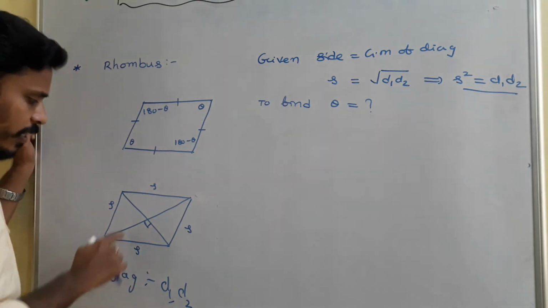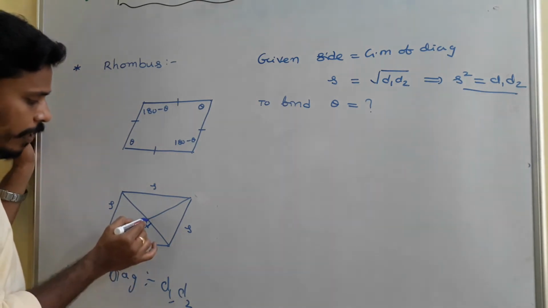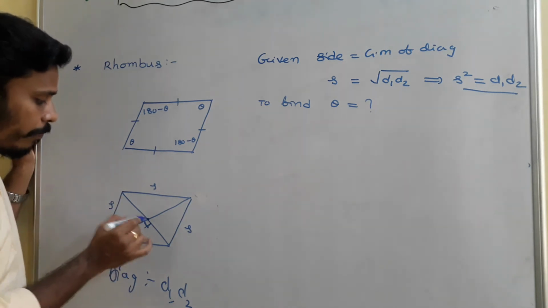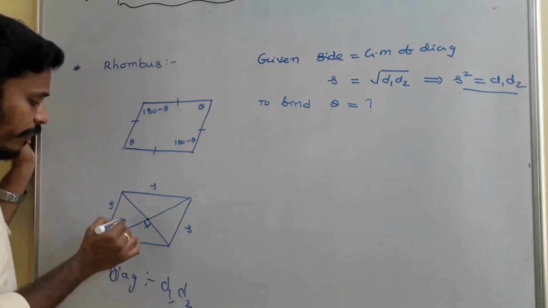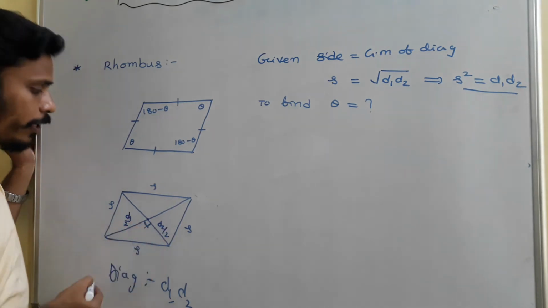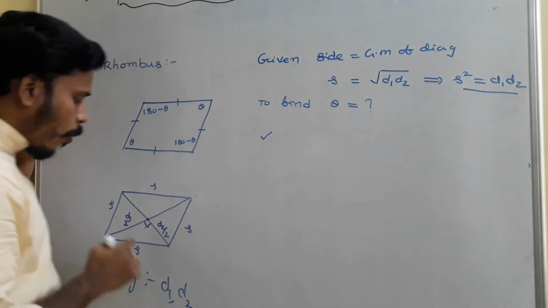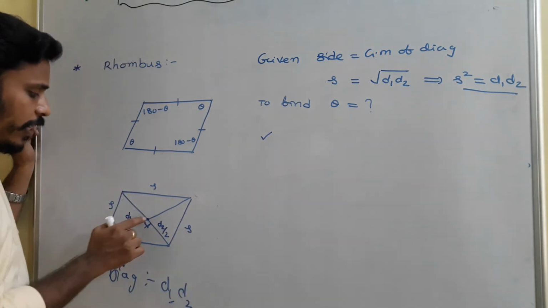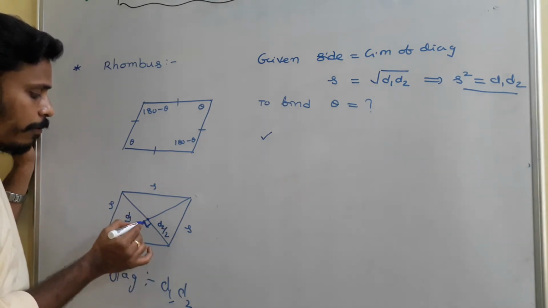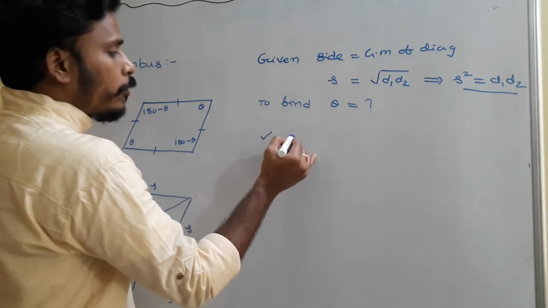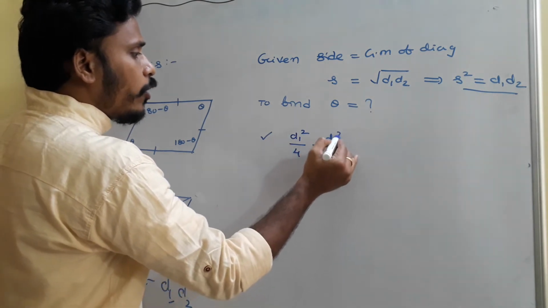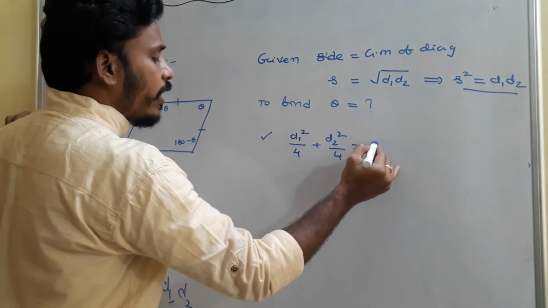Or another idea is, since the diagonals are perpendicular and they bisect each other at the midpoint, this length is d1 by 2 and this length is d2 by 2. From this property we have one more idea. Since d1 by 2, d2 by 2 and the side make a right angle triangle, because the diagonals are perpendicular, d1 square by 4 plus d2 square by 4 equals s square.